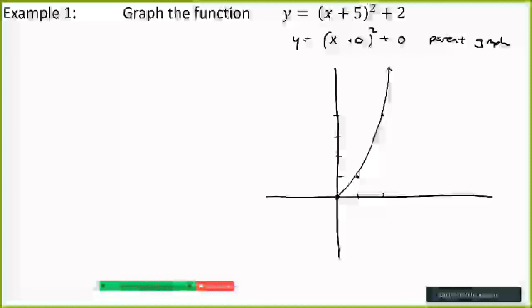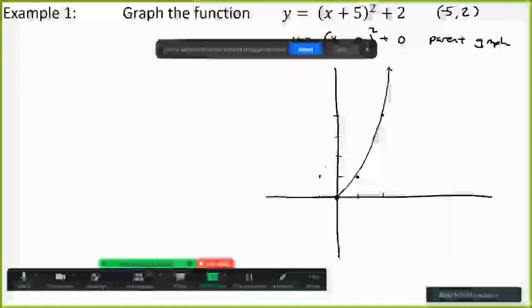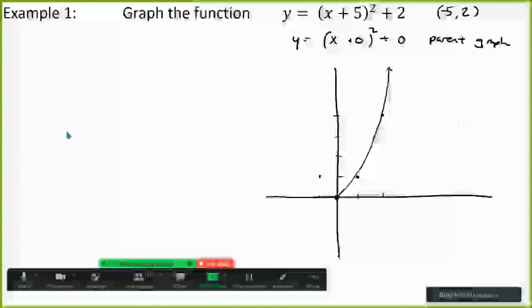But our actual problem above has an h of -5 and a k, let's write that down, it's 2. So what I want you to imagine doing is starting with the parent graph and then just dragging it over, up and to the left, depending on whatever the h and k are.